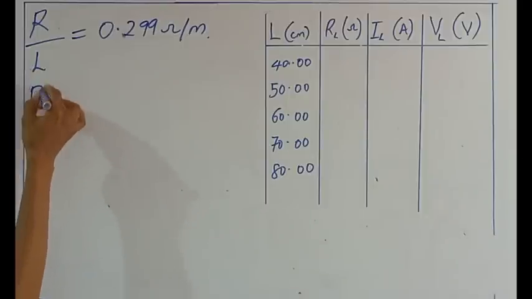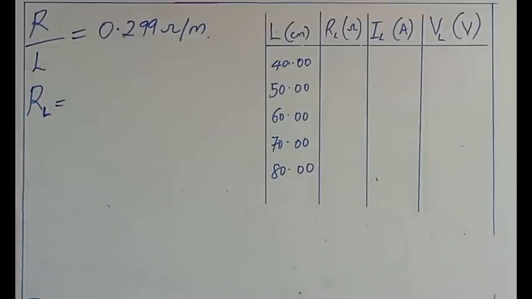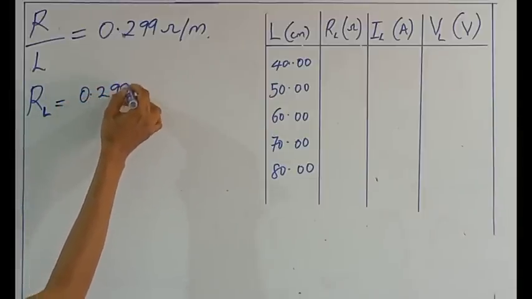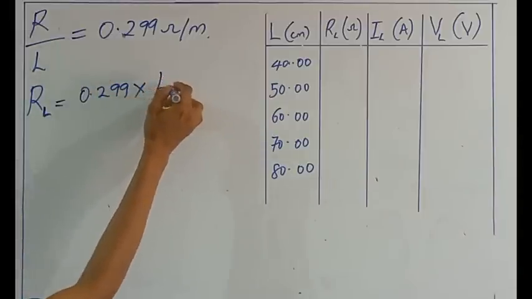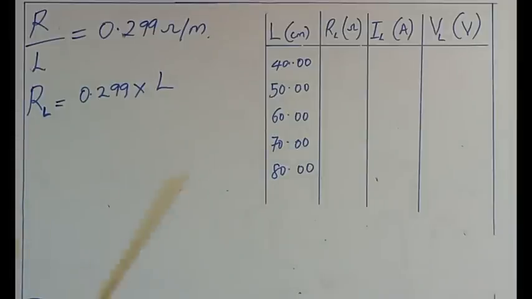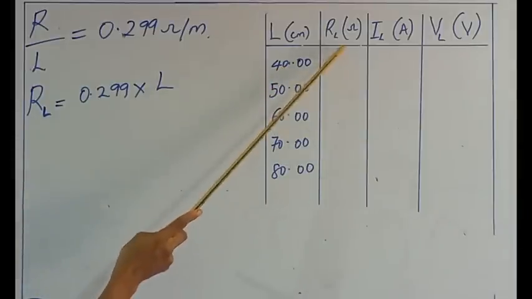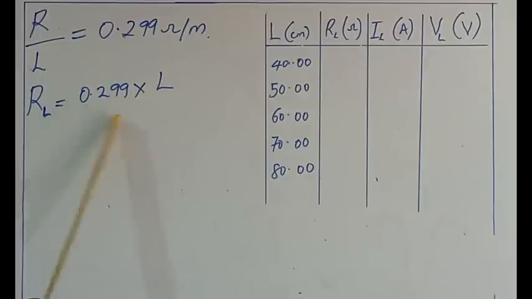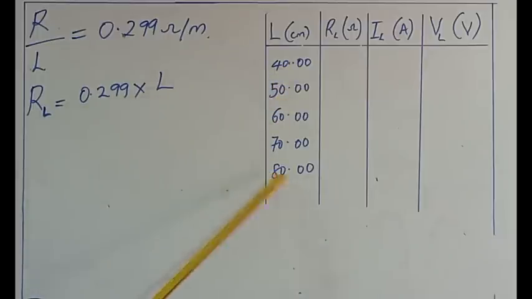It means that the resistance for any given length, say 40, 50, 60, 70, 80, we are going to use 0.299 and multiply the length of that. Then make sure that you convert the length to meters. That means we are going to fill this up to get the resistance using 0.299 times this length in meters.